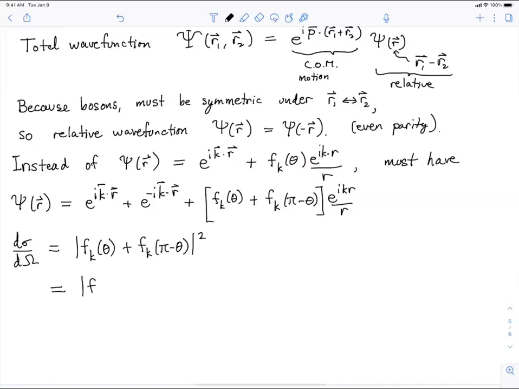So one term is the square of the first term, and one term is the square of the second term. And then I have the cross terms of this times the complex conjugate of that, and then this times the complex conjugate of that, which assemble themselves into 2 times the real part of f_k star of theta, the complex conjugate, times f_k of pi minus theta.